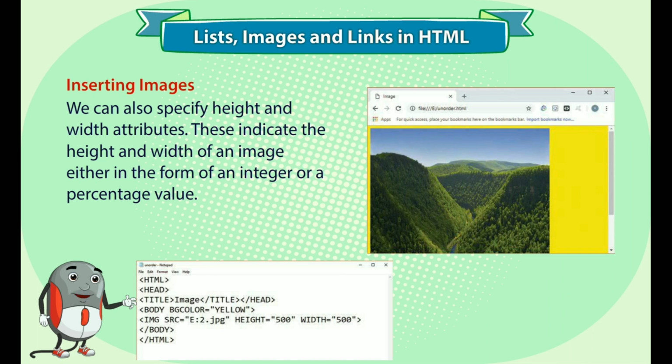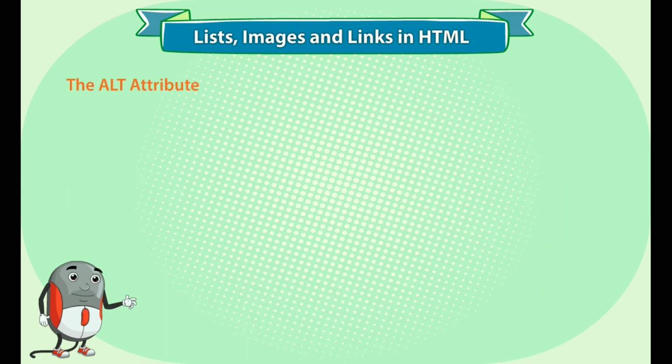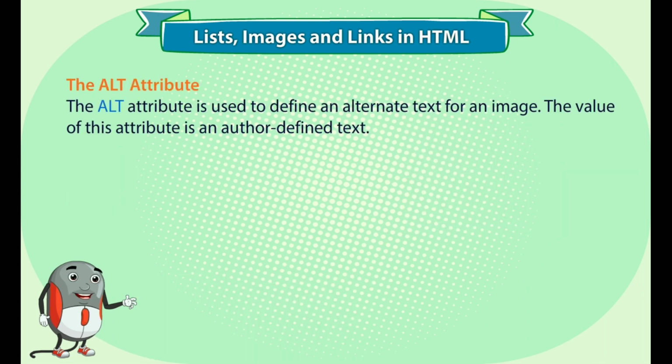We can also specify height and width attributes. These indicate the height and width of an image either in the form of an integer or a percentage value. The alt attribute. The alt attribute is used to define an alternate text for an image. The value of this attribute is an author-defined text.